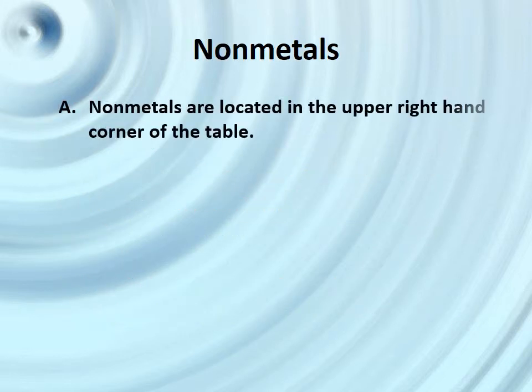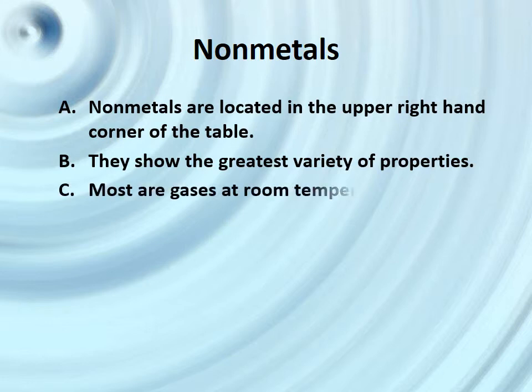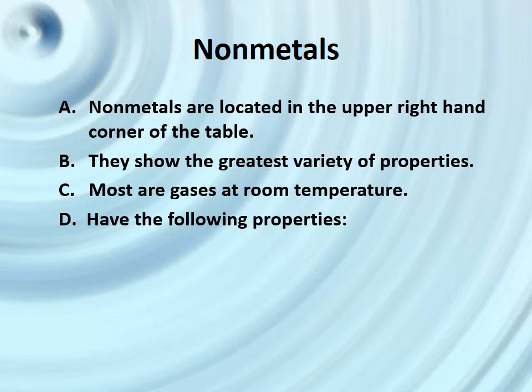Nonmetals. Nonmetals are located in the upper right-hand corner of the periodic table. And they show the greatest variety of properties, unlike metals or metalloids. Most of them are gases at room temperatures, and we'll take a look at that in just a minute. They do have the following properties.